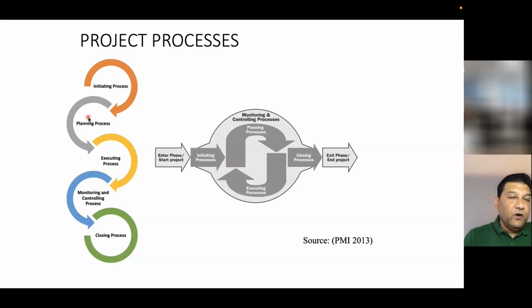Planning is what you are going to do within your group as soon as you form a team. Then the executing process, and then monitoring and controlling and closing the process. So this is the main process in construction, and in closing you are handing over the building to your clients. In the executing process, the main construction is happening.